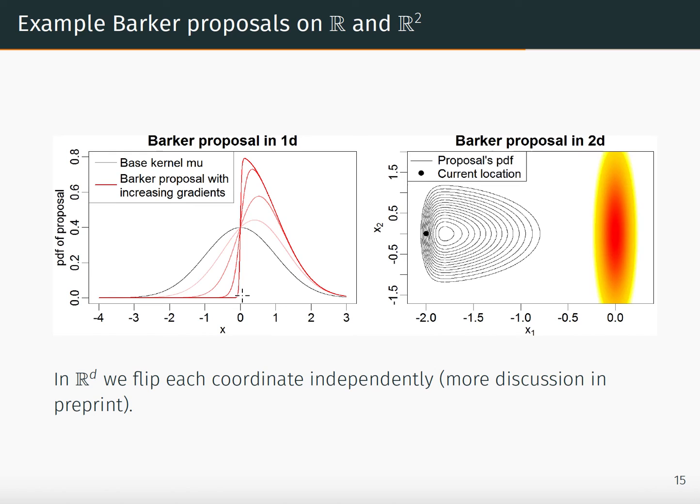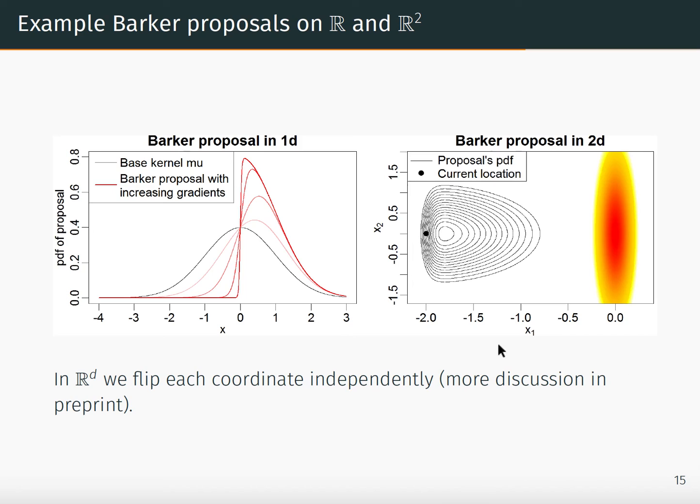So it's important to note that we are using both the direction of the gradient and the magnitude of the gradient to inform proposals. And that makes it slightly different from schemes like the truncated Metropolis-adjusted Langevin algorithm, where you're really only looking at the direction. So this is a departure from that. We are using all of the information of the gradient, and that, I think, is why we get the good scaling of Mallet.